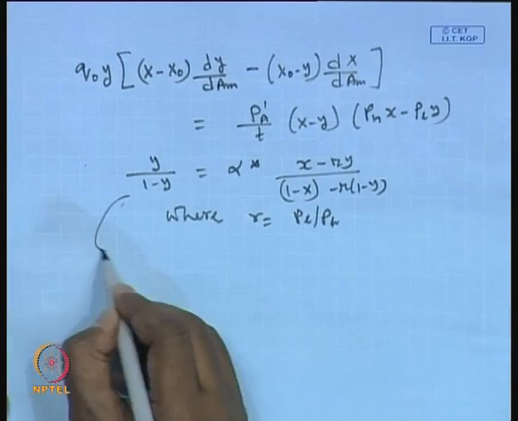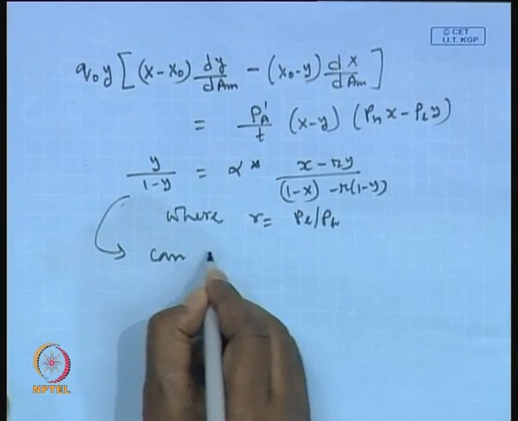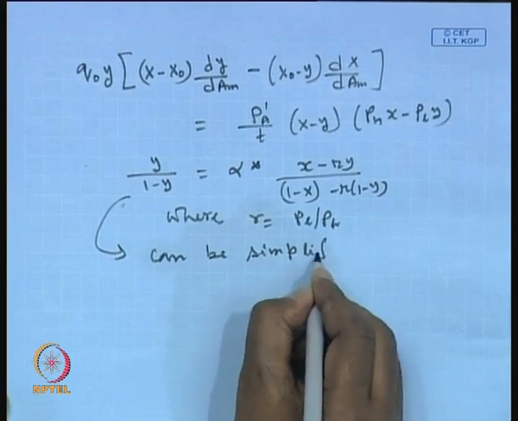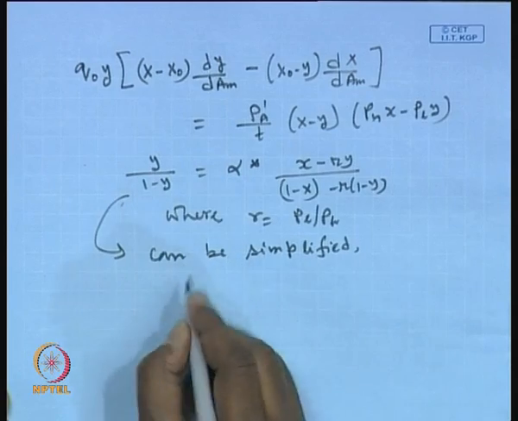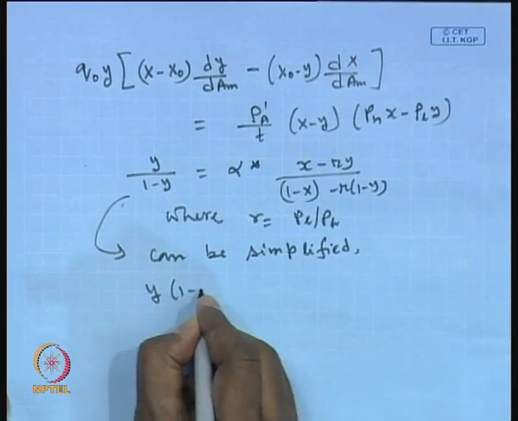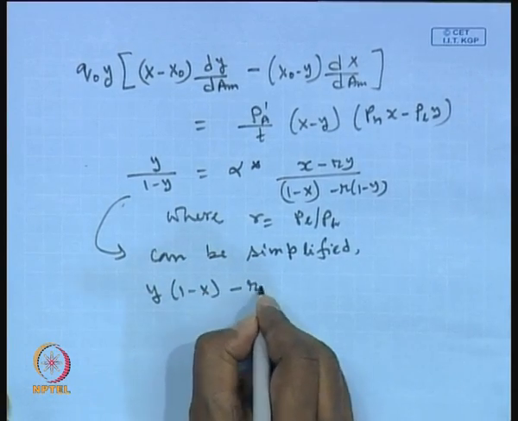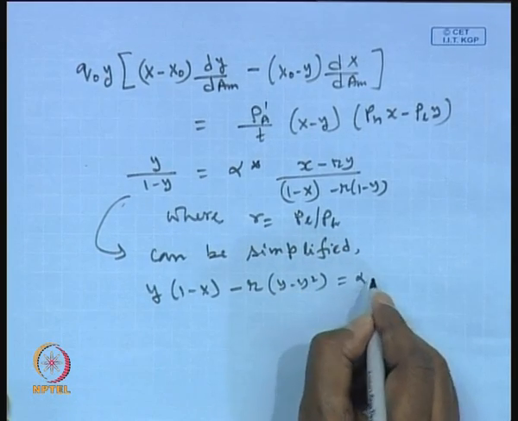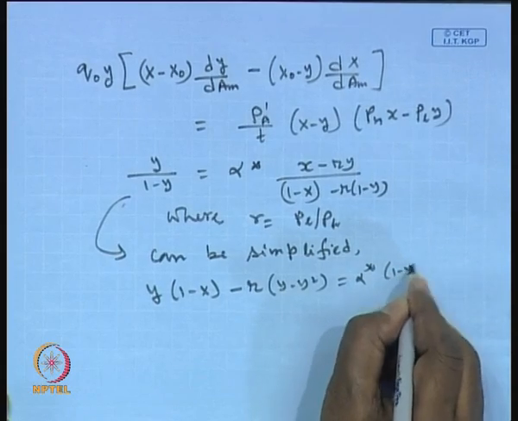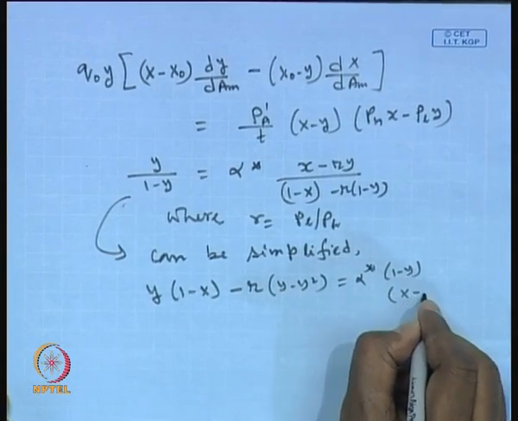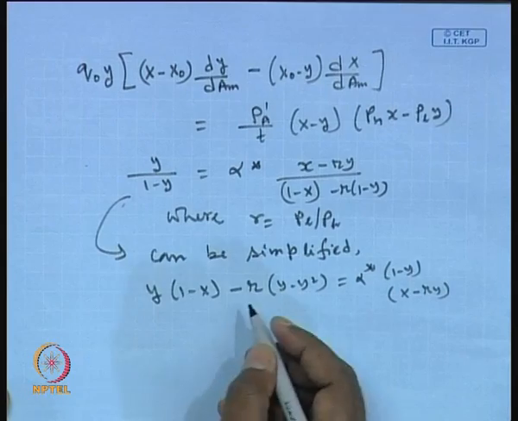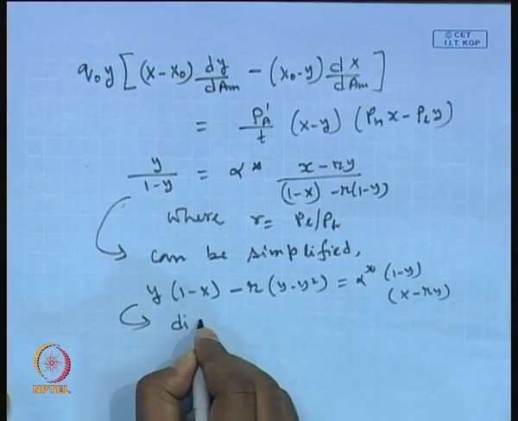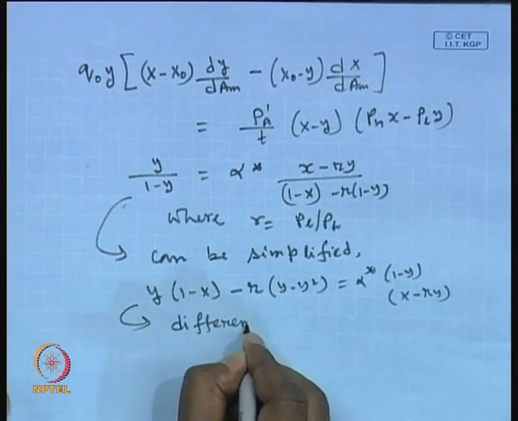Now, this equation can be simplified as y into (1 minus x minus r y) minus y square is equal to alpha star (1 minus y)(x minus r y). So, you can differentiate this expression with respect to Am. So, these are all mathematical jugglery basically.